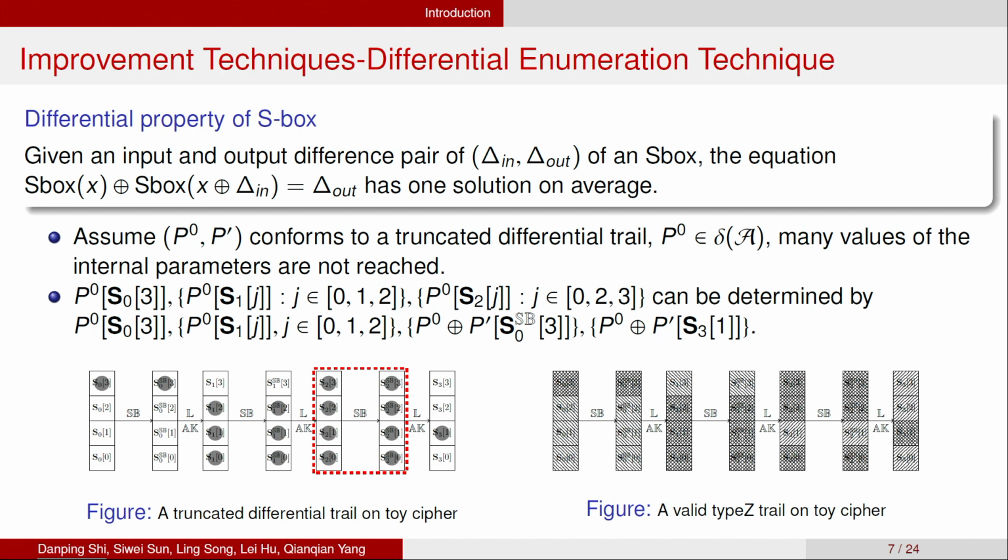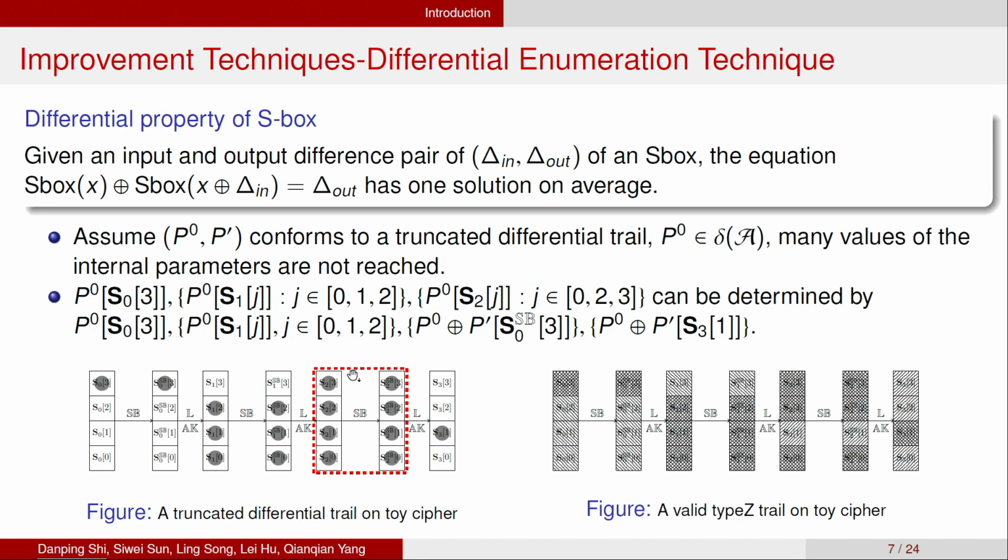The main bottleneck improvement technique is the differential enumeration technique. Assume P0, P prime conforms to a truncated differential tree on the left figure. Then construct a delta A set from P0. Many values of the internal parameters are not reached.